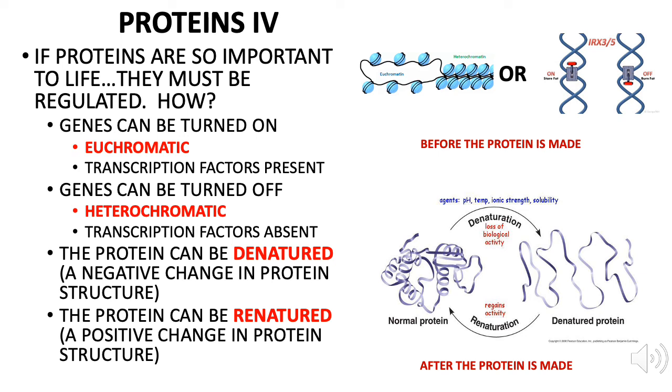Now, there's one other point I need to make, and it's not specifically mentioned on this slide, but it's this. In some cases, denaturation can be an irreversible process. Biologically, in most cases, denaturation and renaturation are normal complements of one another, and so you can have an endless process of denaturation and renaturation as a means of regulating protein activity. However, there are some situations where extreme heat, extreme ions, extreme acidity can create a denaturation event that will render a protein so denatured that it will not be able to be renatured.